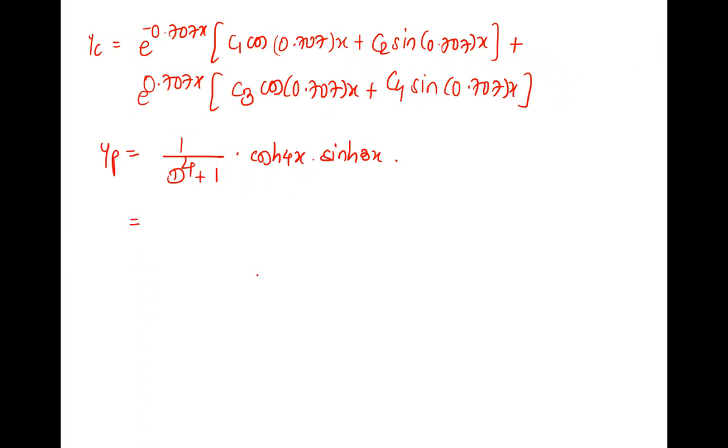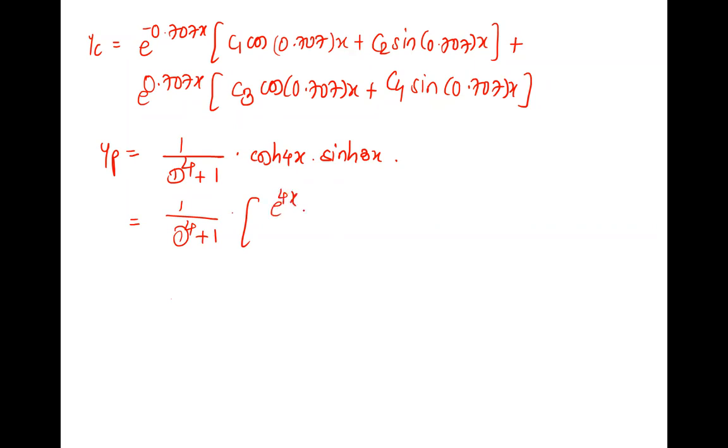Shall you tell me how to solve that? If it is having e there, we can solve as we have seen in the first case. So can we get e there? Yes. Both the hyperbolic terms, we have a formula for them. What is cos hyperbolic 4x?